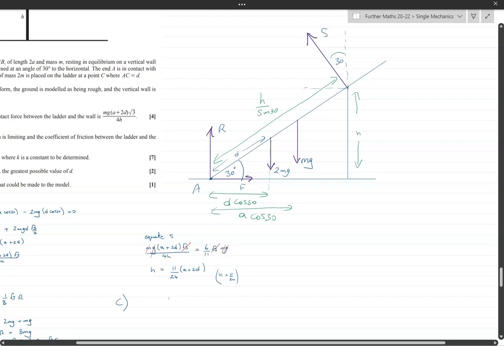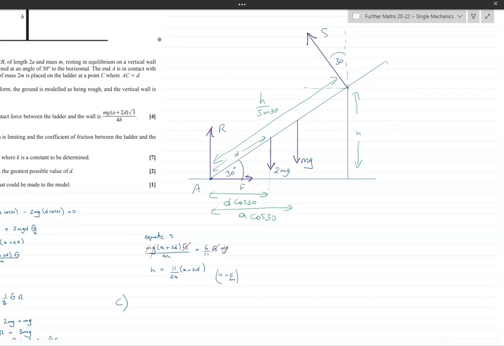Well, if you look at it, we can see that h, the h bit there on the ladder, can't be bigger than this distance here. That distance there is equal to 2a sine 30. H can't possibly be bigger than that, otherwise it wouldn't be resting on the ladder.